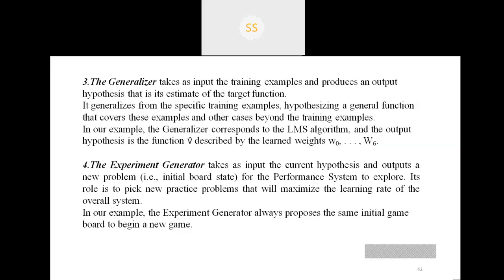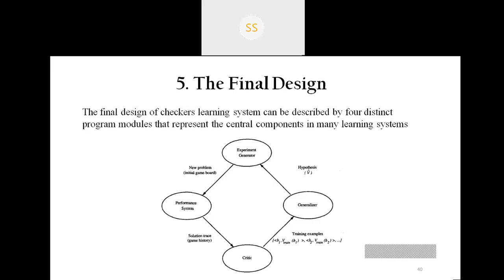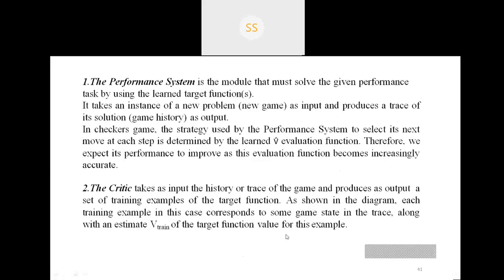In our example, the experiment generator always proposes the same initial game board to begin a new game. So all in all, the final design is going to change the states in such a way that you meet the criteria and reach the final states.